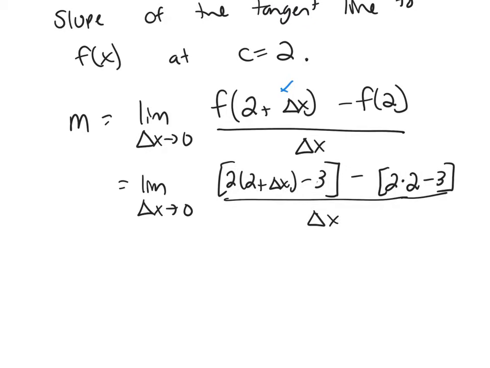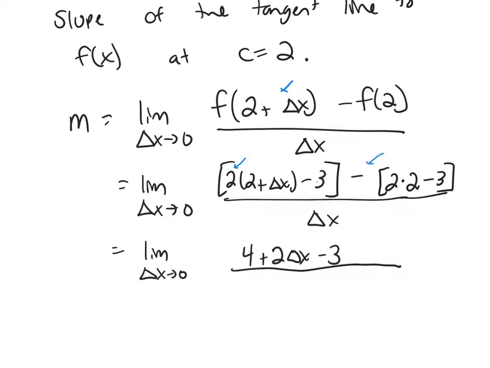So now I'm going to simplify the numerator. I'm going to distribute this first 2 right here across. So you'll get 4 plus 2 delta x minus 3. And I am going to go ahead and distribute this minus, so it'll become a minus 4 and a plus 3.